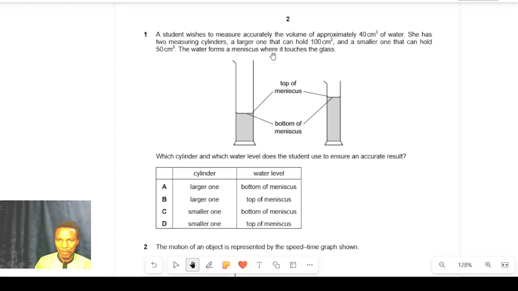The water forms a meniscus where it touches the glass. Which cylinder and which water level does the student use to measure an accurate result? So the answer to this is C.